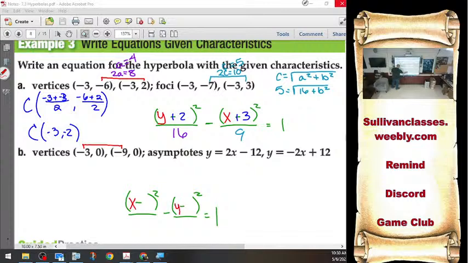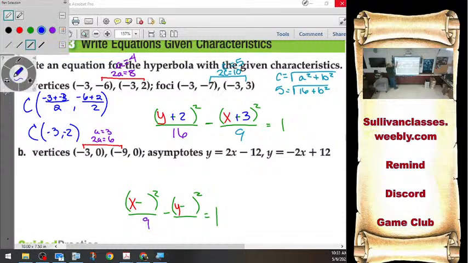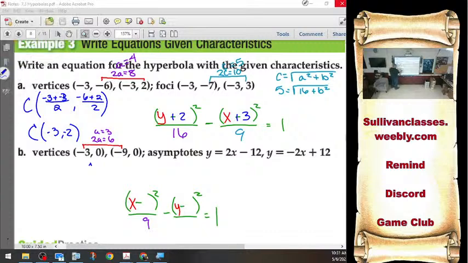X's go first. That distance is still 2a, so my a squared is 9. My midpoint of these two is still my center. Halfway between -3 and -9 is -6, 0. I plug in my -6, I plug in my 0.